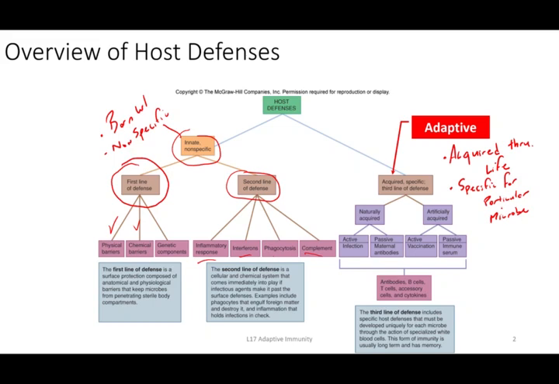And not only do you develop that protection at that time, it's going to be unique or tailored or specific to that particular microorganism. And so the protection that develops is not going to be protective against other strep infections or definitely not staph infections or other viruses. And so it's very tailored or specific to that particular microorganism.